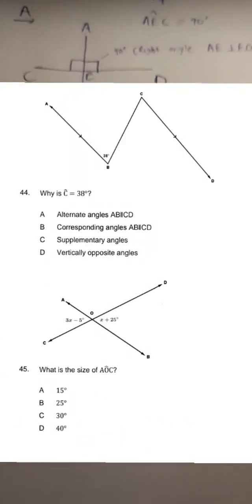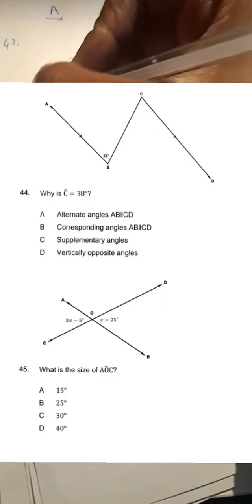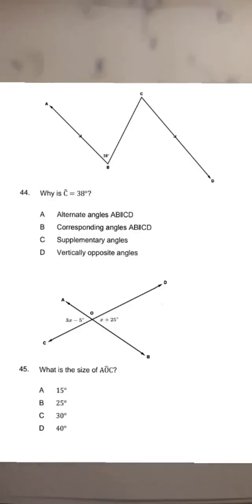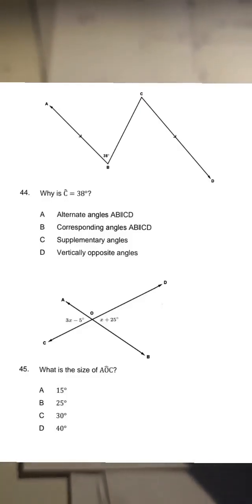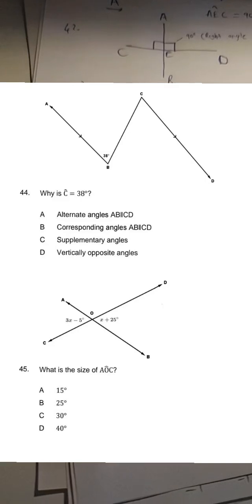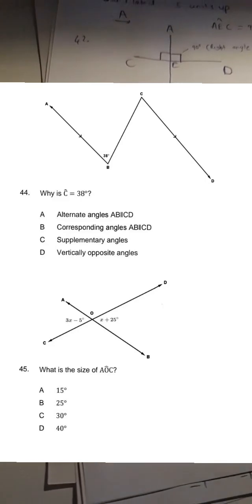Now we are here, question number 44. After answering 43, now we are answering 44. When we look at 44, we have a nice Z-like shape, if you can see it very well. AB is parallel to CD. We have parallel lines as well.